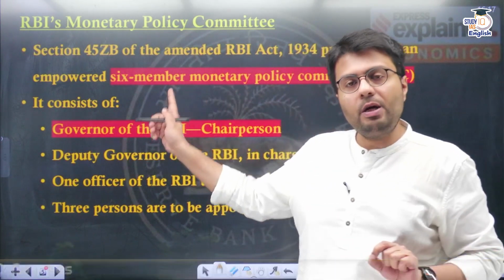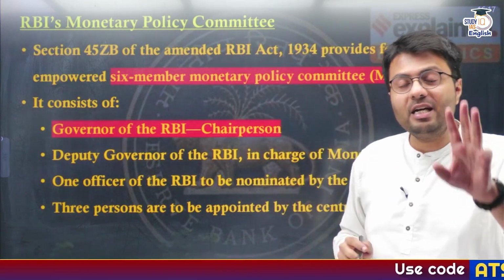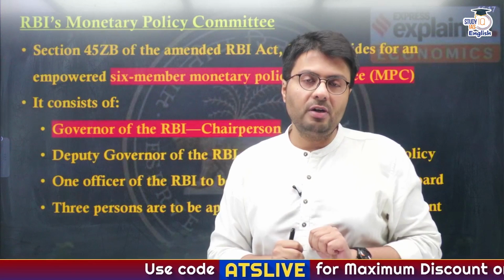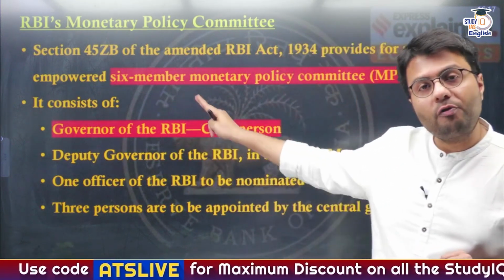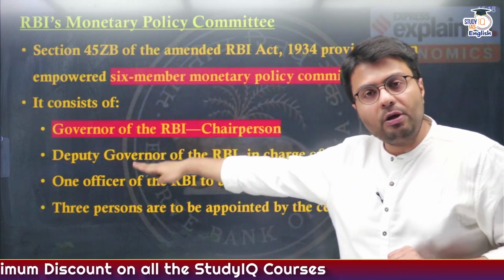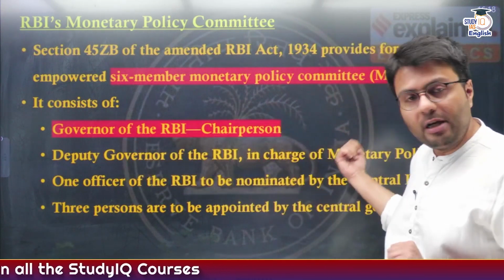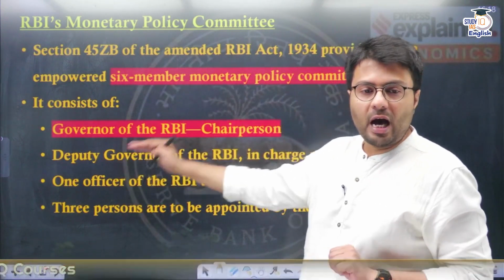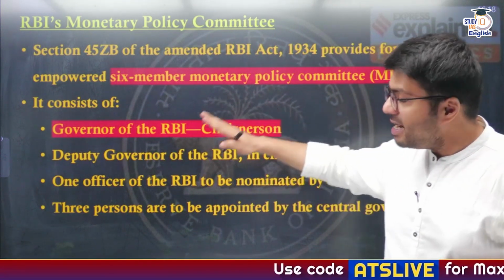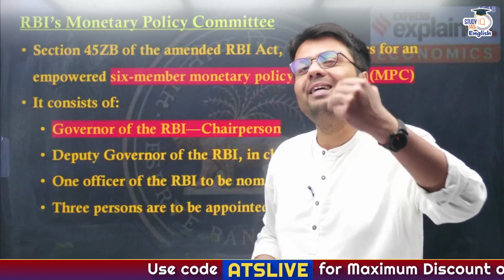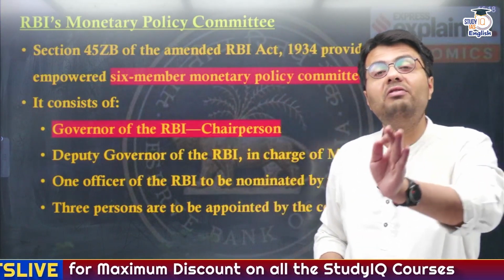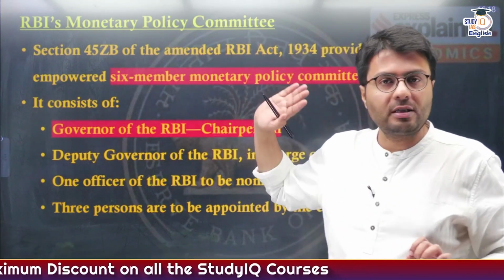It includes 3 members from RBI and 3 nominees by the central government. The 3 members of RBI include the RBI governor, who acts as chairman, the deputy governor of RBI in charge of monetary policy, and 1 officer of the RBI appointed by the central board of RBI. In addition, 3 persons who are experts in the fields of banking and monetary policy are appointed by the central government of India to this committee.